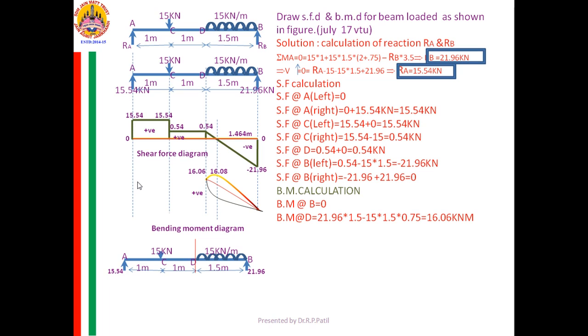Even you can do it by considering the left part. Just check the answer. Operate it on the calculator. Yes, 15.54 into 2 is plus, minus 15 into 1. Tell me the answer.